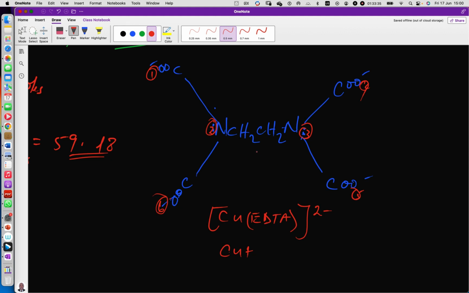EDTA has how many negative signs? 1, 2, 3, 4. EDTA has 4, so -4. Altogether equals the total charge, -2. EDTA has 4 carboxylic acid groups, 1, 2, 3, 4, and they are negative, so altogether 4 of them.